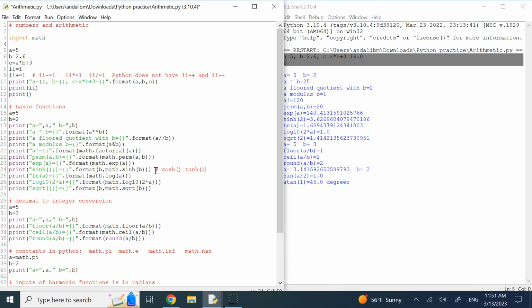So these hyperbolics, which as you know are exponential functions, also do exist in Python. In Python, if you say log, just like MATLAB, just like C, it is natural log. If you want log 10, there is a function log 10 in Python that you can use. And if you want square root, of course, you can use math.sqrt.